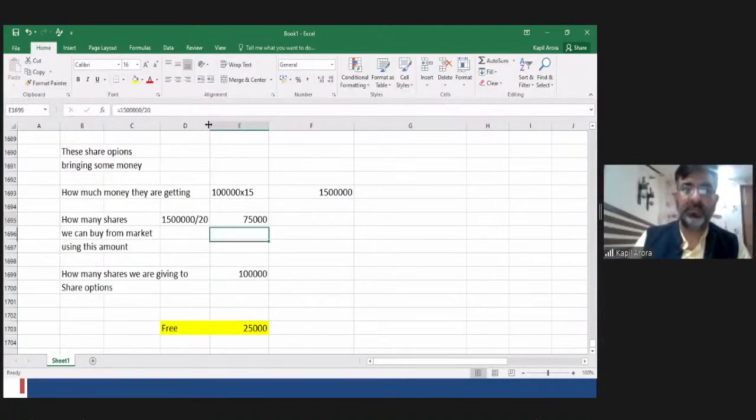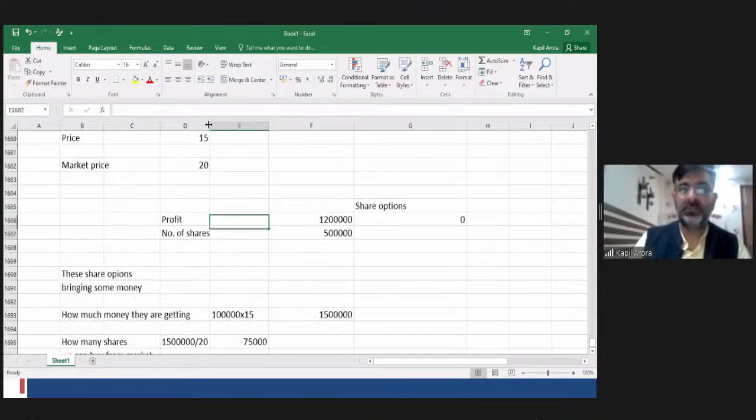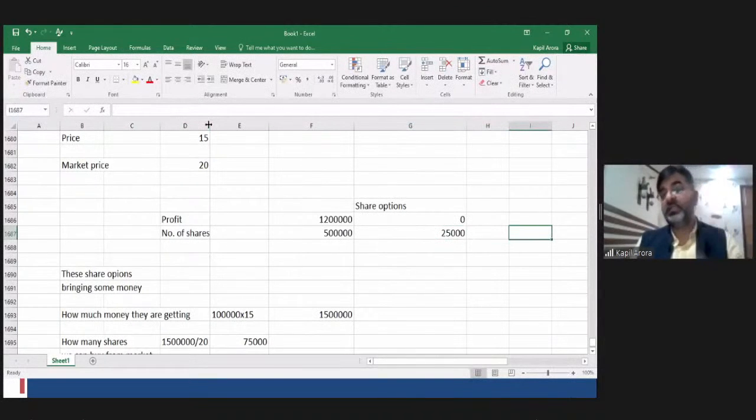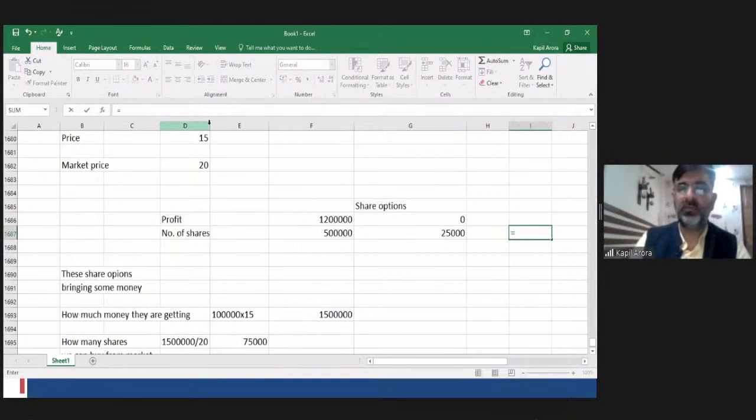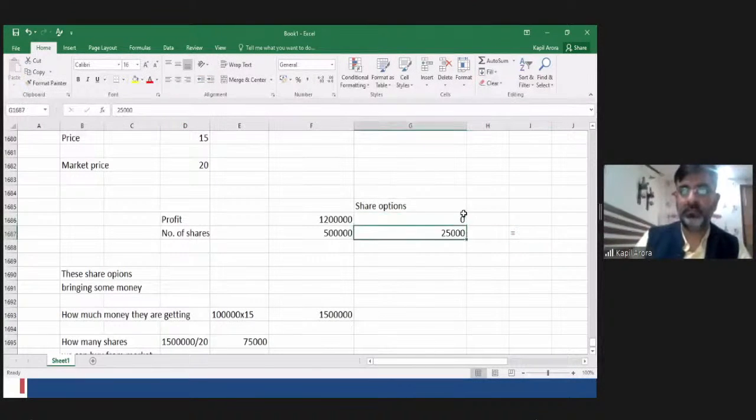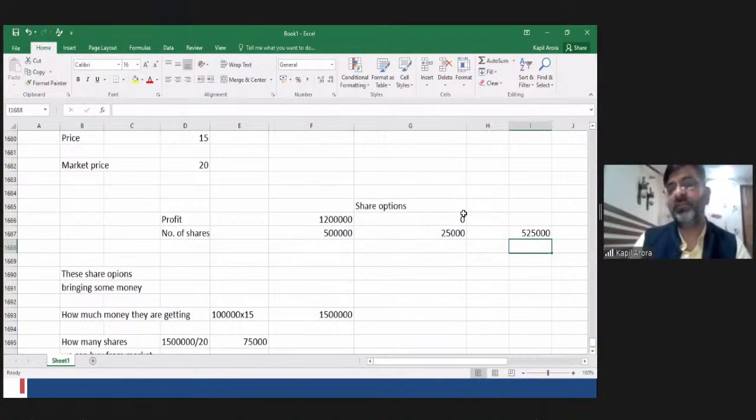So for these 25,000 shares, I will include that in our dilution. So the total number of shares would become 5,25,000, whereas the profit would remain the same.